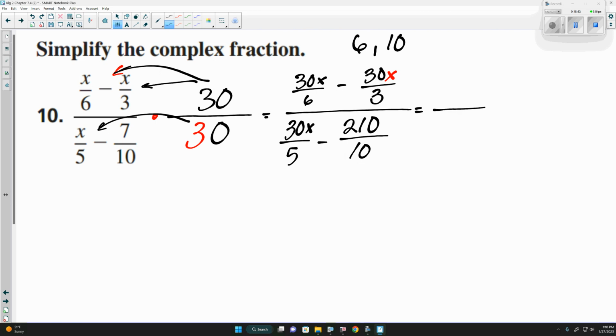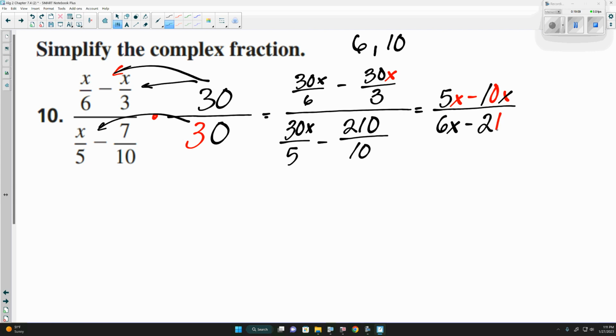Now we need to divide. 30 divided by 6 is, we have our 5x, minus 30 divided by 3 is 10x. 30x divided by 5 is 6x, minus 210 divided by 10 is 21.